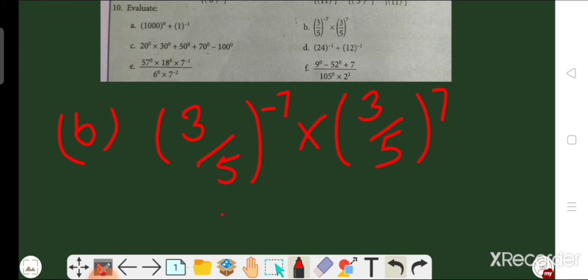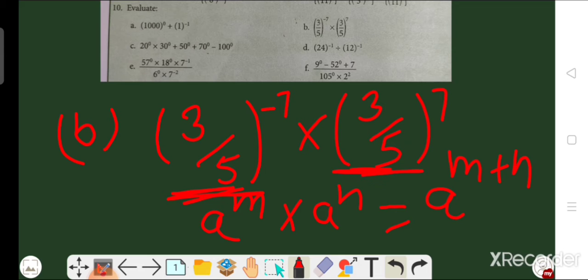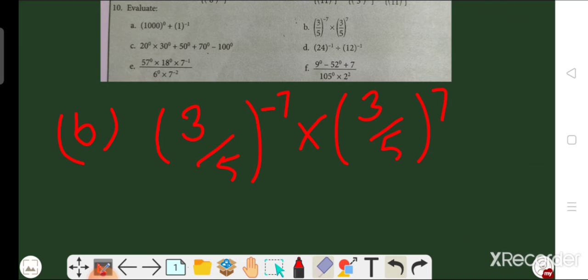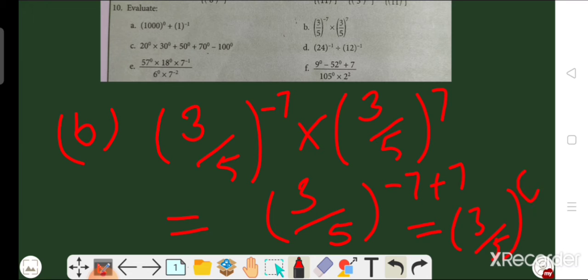We know that a raised to the power m multiplied by a raised to the power n is equal to a raised to the power m plus n. Here our base is the same, 3 by 5 in both, so we can add their powers. After using this property, this is equal to 3 by 5 raised to the power minus 7 plus 7, which is 3 by 5 raised to the power 0.